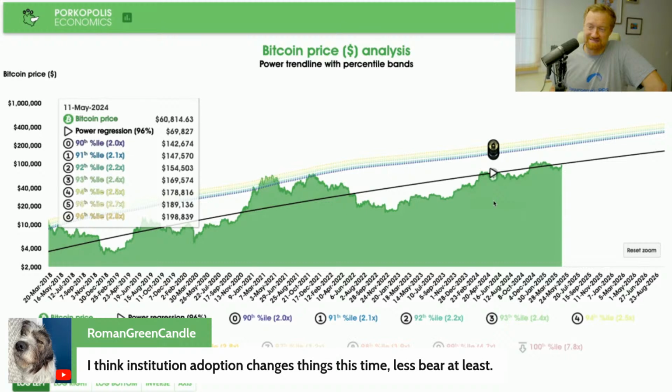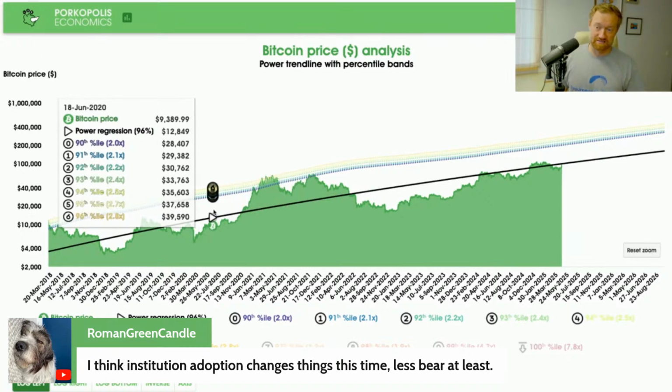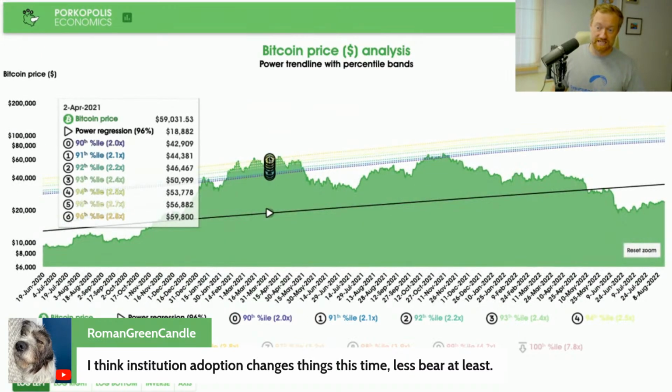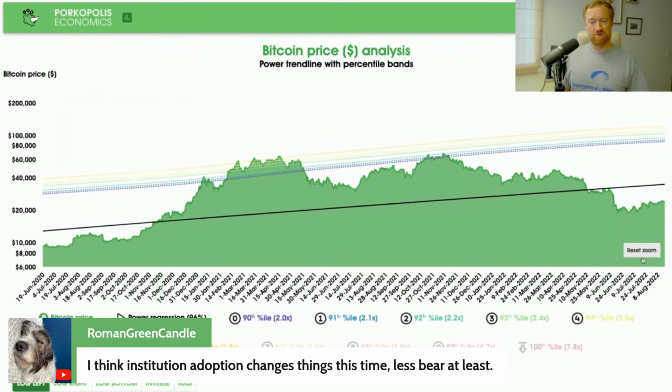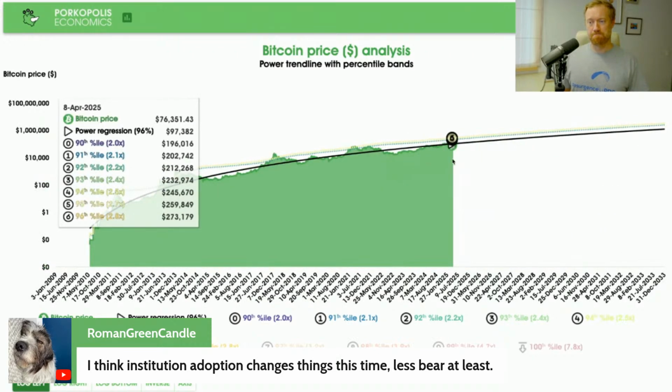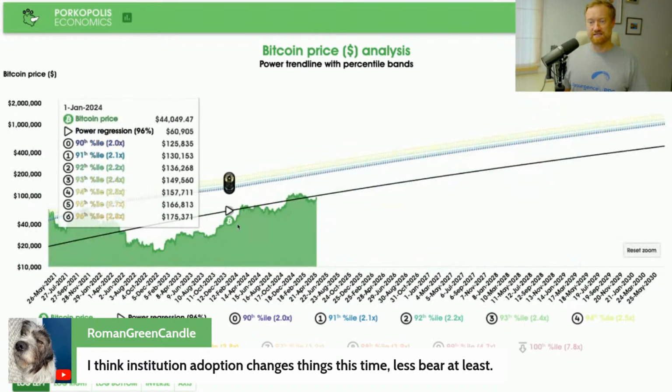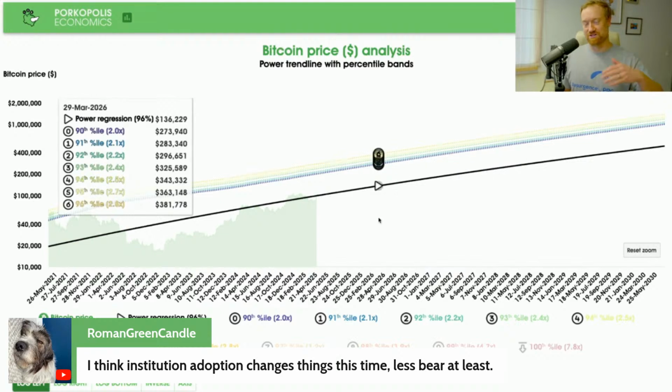I tend to think the markets go in these pendulums, and I don't know. To me, you're at least going to have something like this. You might not go up to the 96th. You might only go to the 90th. That's still 2x the trend, and I really think it's going to happen. I just don't see a nice power trend growth of the trend just hanging around this $100 a day growth, which is what it is.